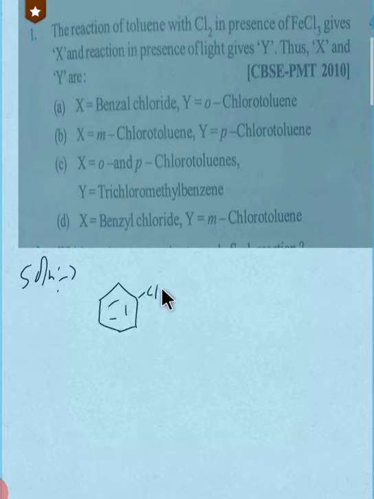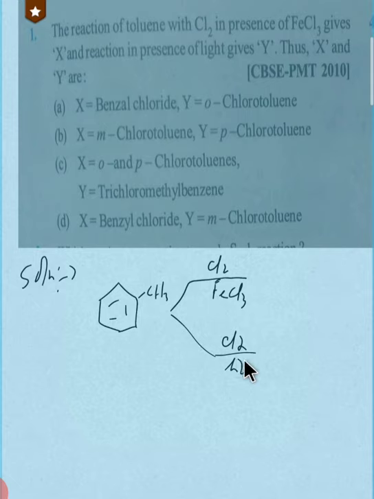This is toluene, and it is reacted first with Cl2 in presence of FeCl3. This is an electrophilic substitution reaction, and the second one is we are reacting this toluene with chlorine in presence of light.